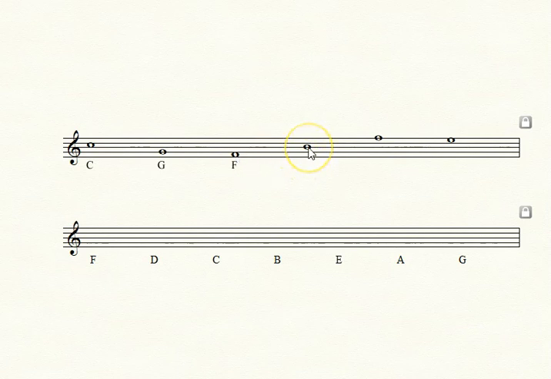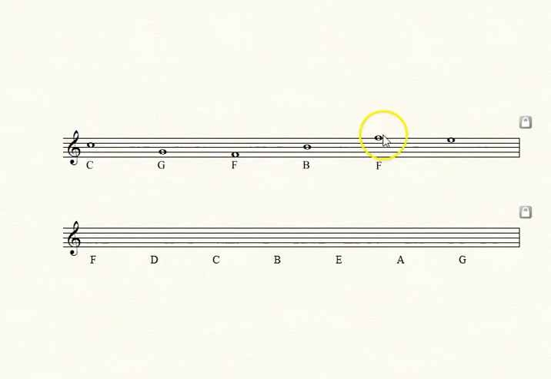For our fourth note, we see a note on the third line. Let's use our sentence. Every good boy. So we have a B. For our next note, we have a note on the top line. So we can use our sentence again. Every good boy does fine.